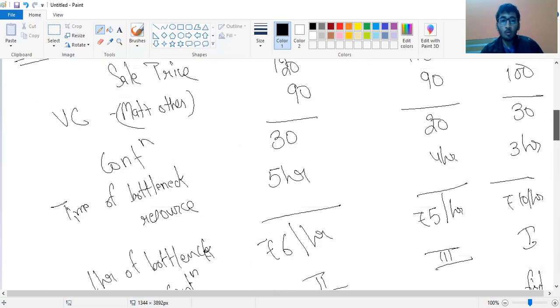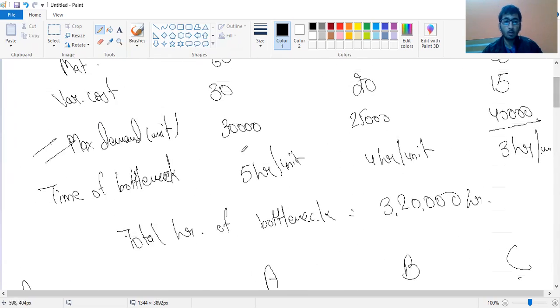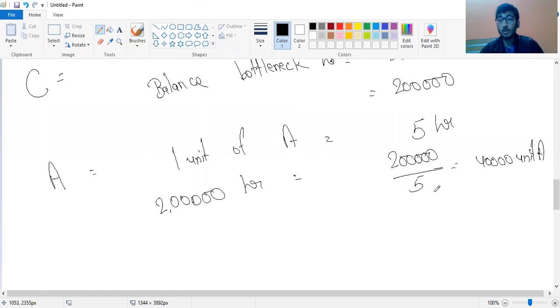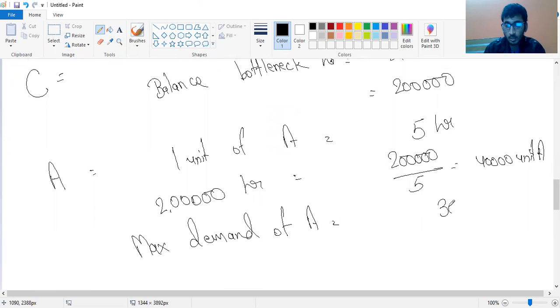And now how many units of A are required? Only 30,000. So we are still left with some hours of bottleneck resources. The maximum demand of A is 30,000 units.